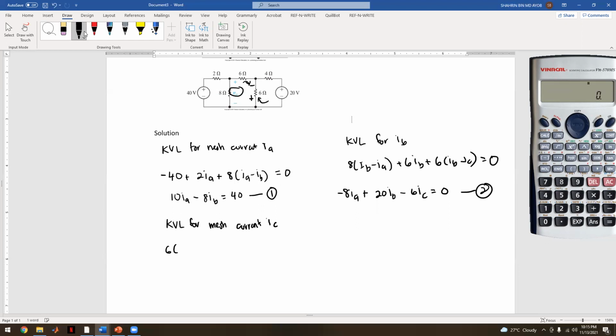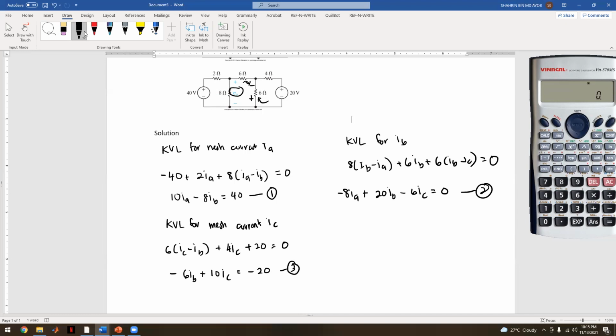So 6 (IC minus IB) plus 4 IC plus 20, and this one is equal to 0. So we rearrange this one, and you will obtain negative 6 IB and then positive 10 IC, and this one is equal to negative 20.